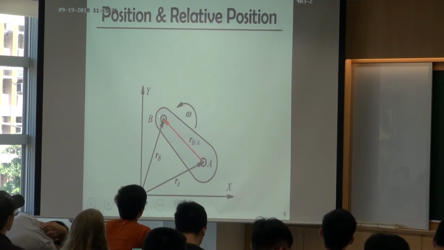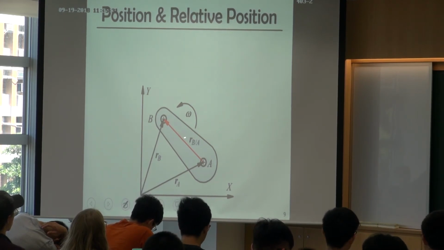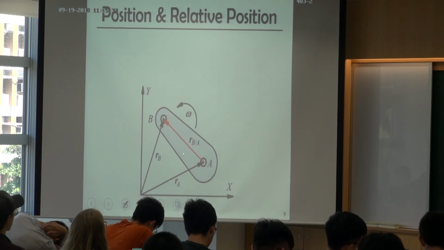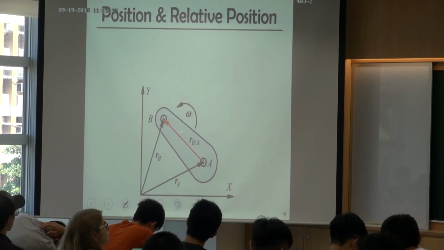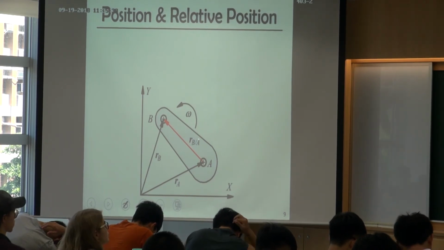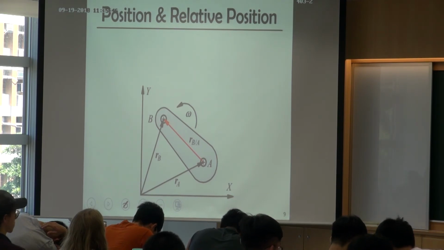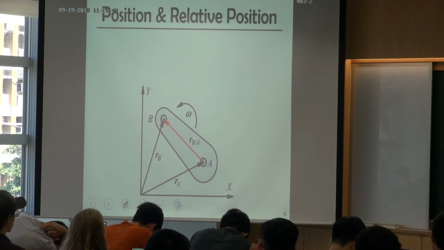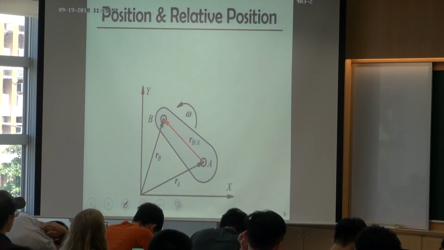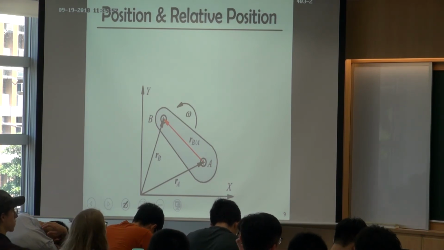I just want to know the relative position of B to A. We represent this by the symbol RB/A. When you see something slash something, that means B relative to A. That means we temporarily consider A as the origin.